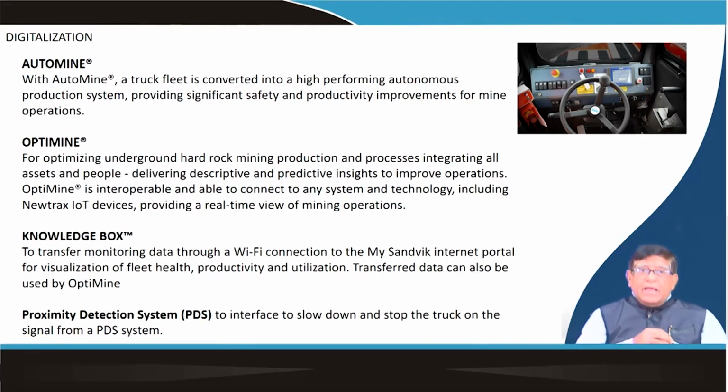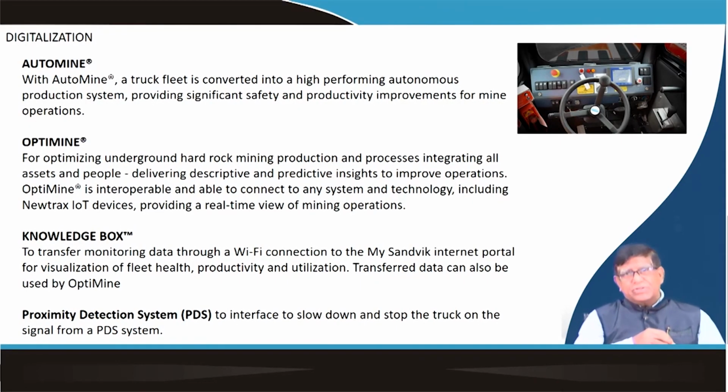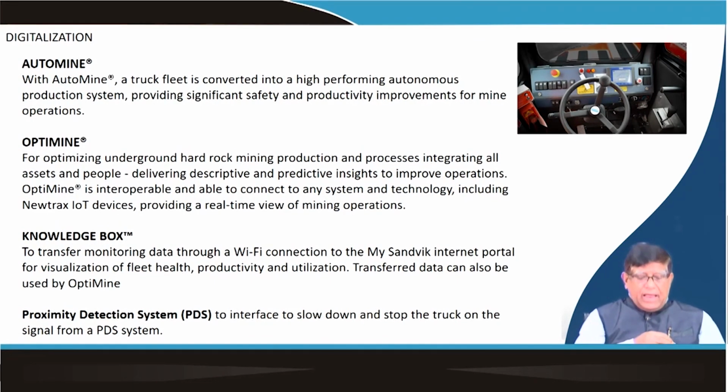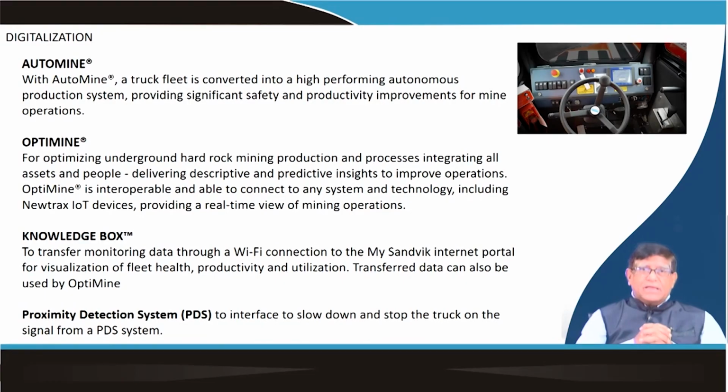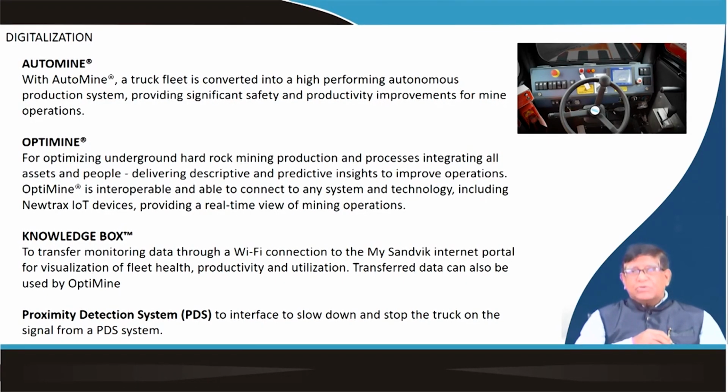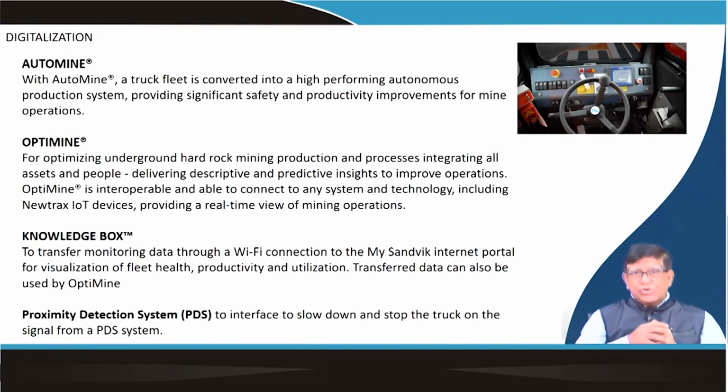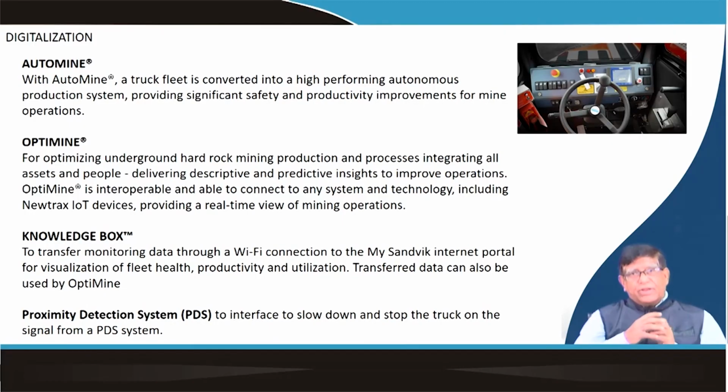Another important thing is that the proximity detection system is also very widely used these days in machinery, because you will be working in constrained spaces. So, whether it is a dangerous proximity to another machine or to obstructions, at that time it can automatically control it, because now there is an engine electronic control unit.